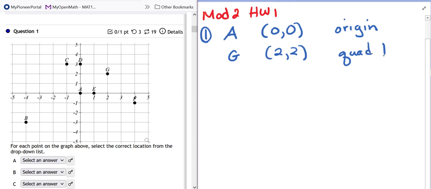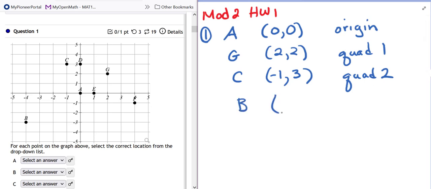Right, let's pick something. This one would be quadrant 2, so we can use point C is in quadrant 2. It has a negative x, so negative 1. That goes first. And then a 3. So it is quadrant 2. All right, B is in quadrant 3.